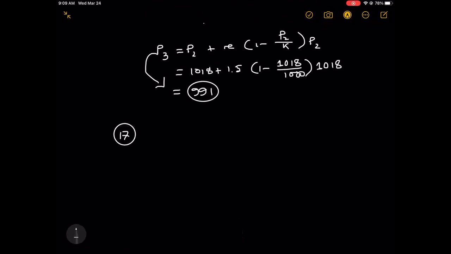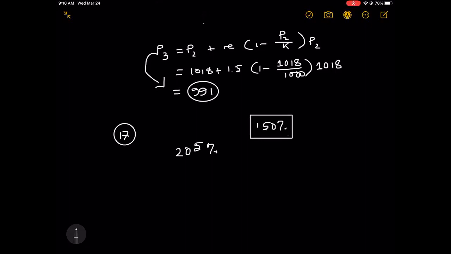And example 17 says we have the same island, and okay, no, on a neighboring island. So it's not the same island, but yeah, it's on the neighboring island. And this time our growth rate is 205%. It's even higher than the previous one. Previously we had 150%, right? On example 16.